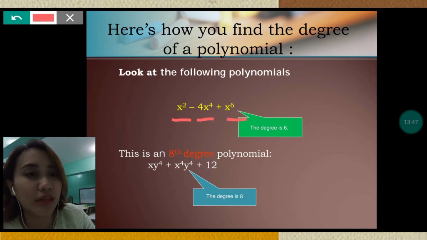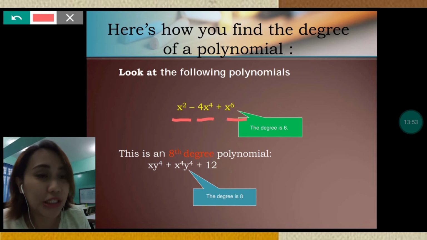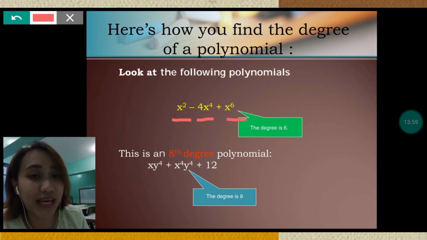And if we talk about the last term, x to the 6th power, its degree is 6. So that's the degree for each individual term. But if we take into consideration the whole polynomial, the degree is 6, because that's the highest degree among the other exponents. I hope that's clear.